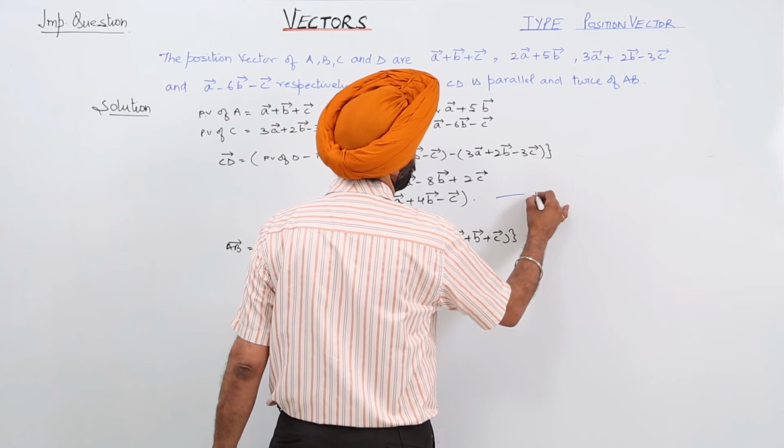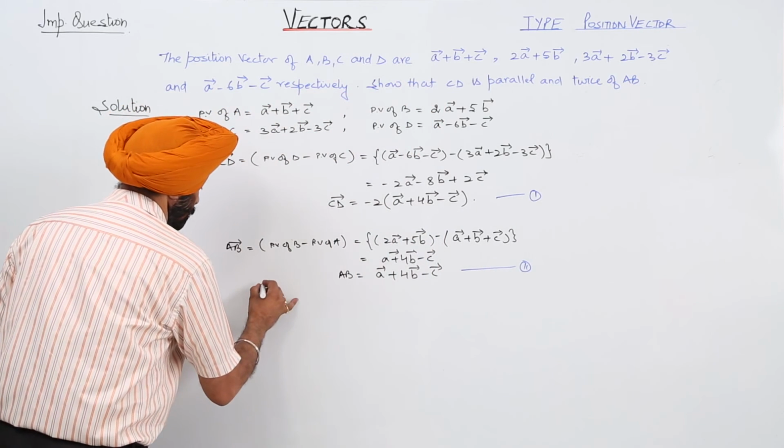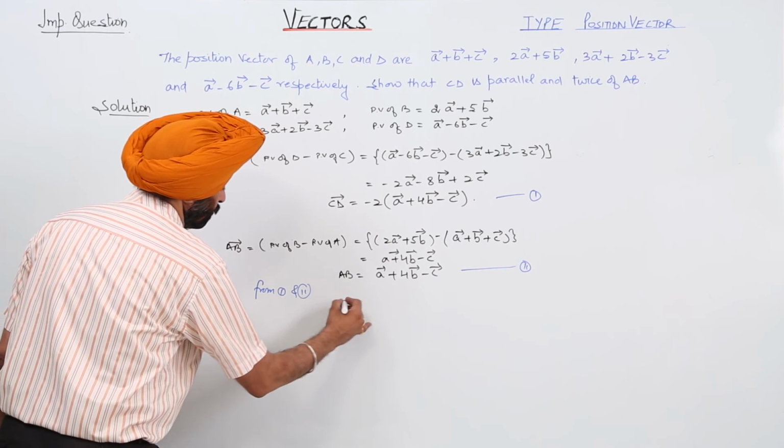Now let this be equation 1 and this be 2. Now, from 1 and 2 what are we getting?